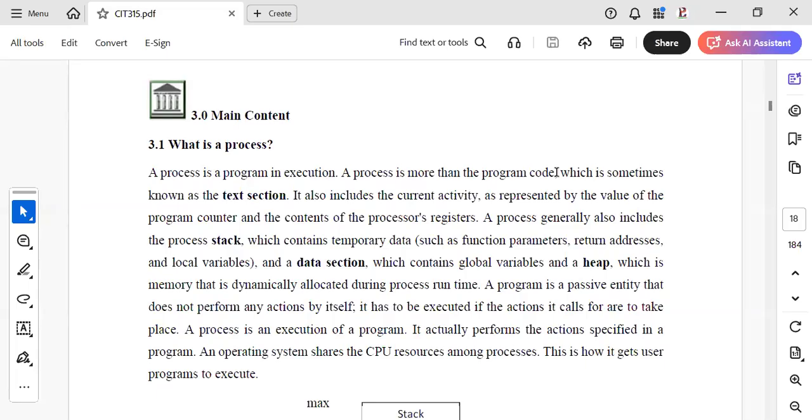So what of the heap? That is for dynamic memory allocation during a process. The meaning of dynamic allocation is this: as I'm recording this class, when we were just 5 minutes into the class, the memory I had used was less than now that we're about 10 minutes in.